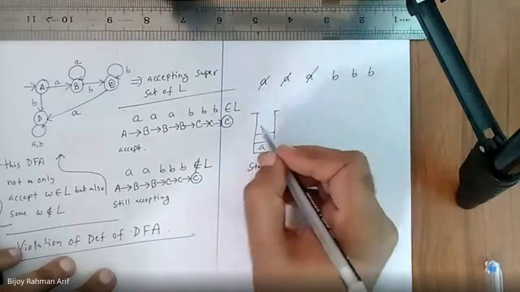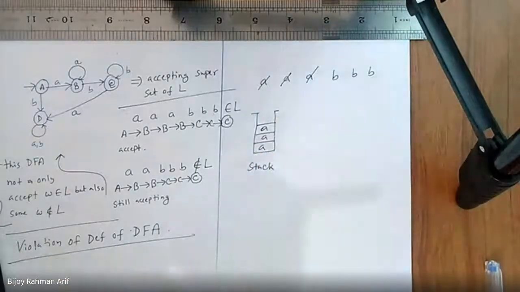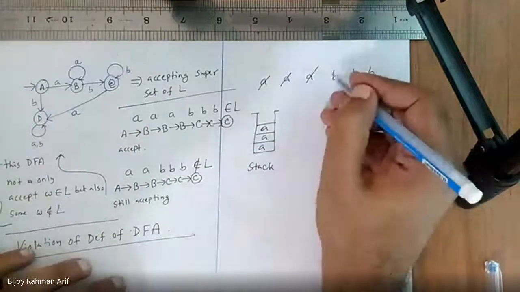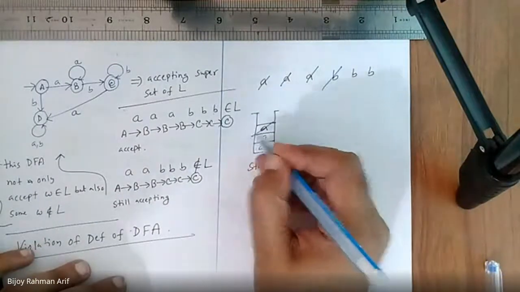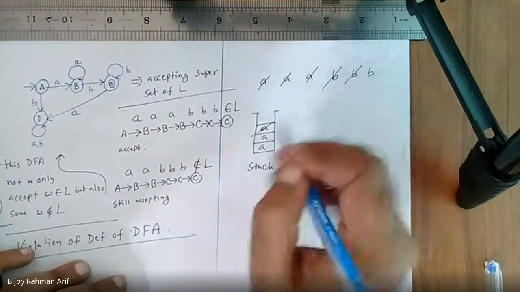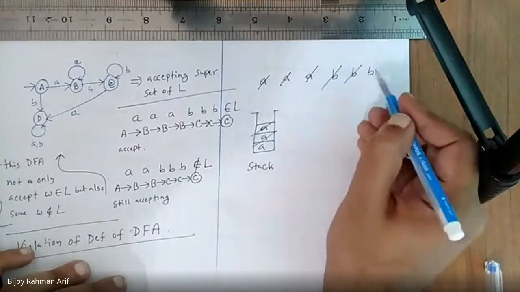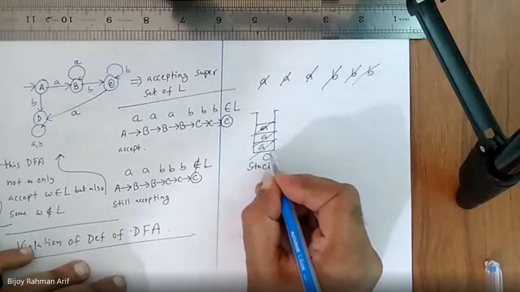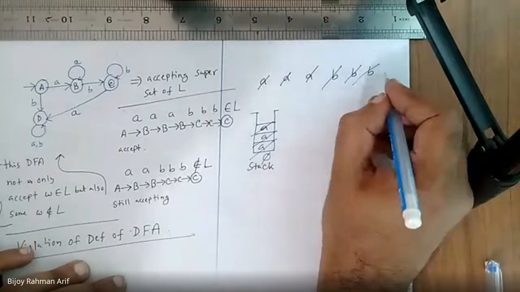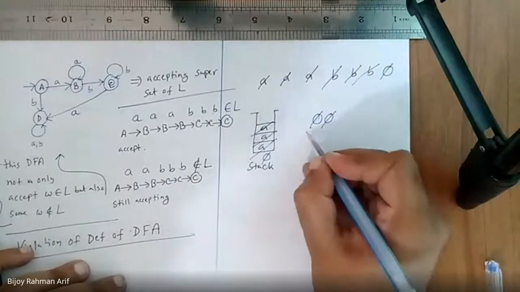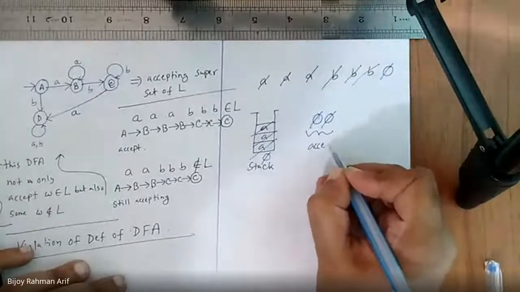Another A, I push. When I start getting B, I pop here, here, and here. Another B, I remove here and here. If the stack is empty and the input is also empty, empty matches empty, and we are going to accept. Did you get the point?